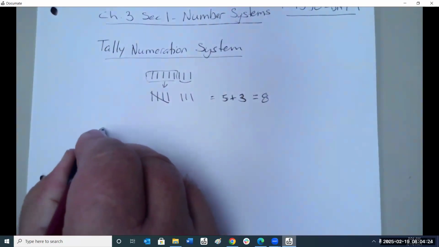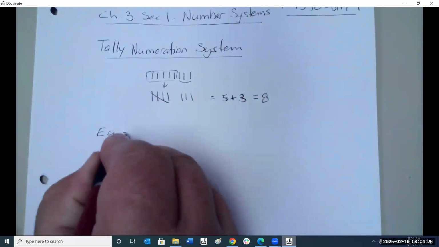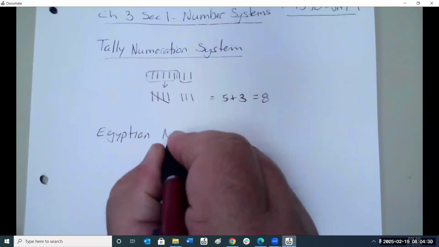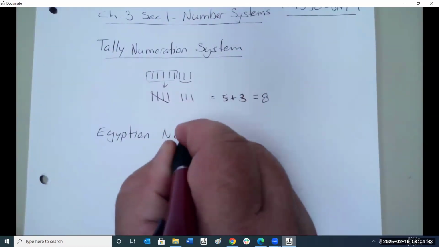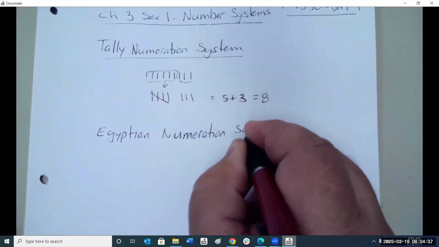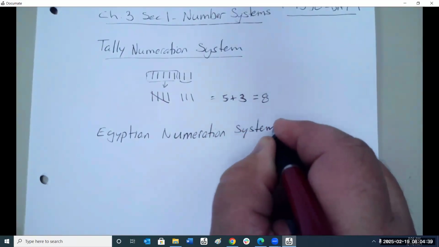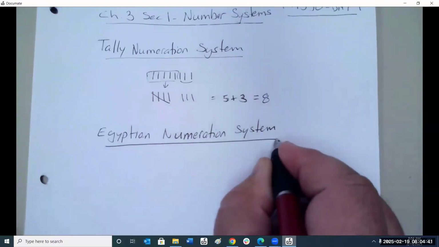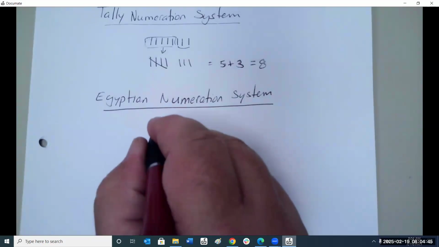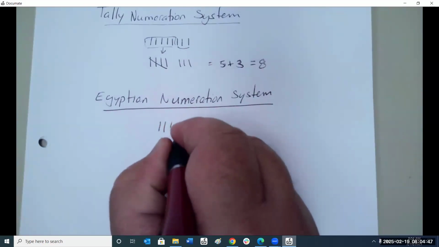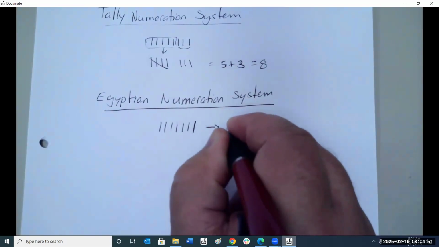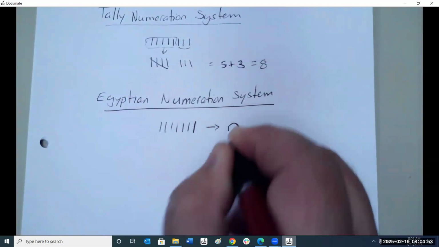The Egyptians, instead of using the hash marks, represented it as symbols.